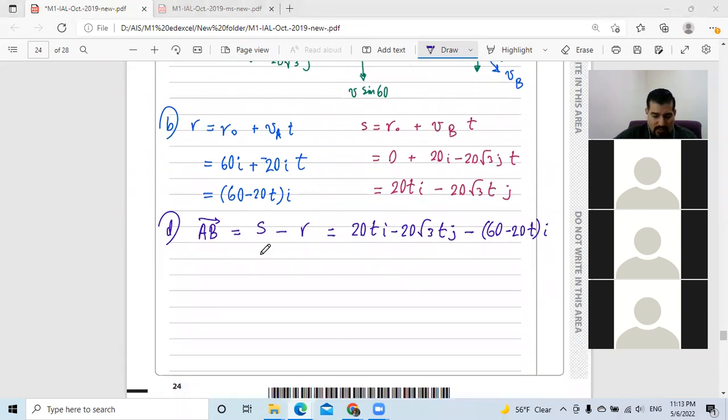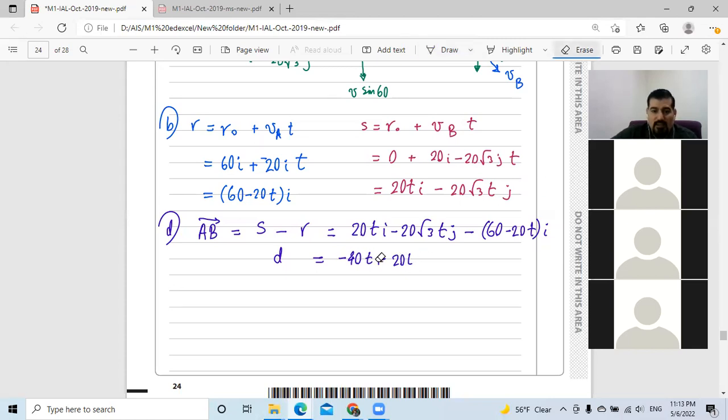Then I'll rearrange this, and it's supposed to be 60, the distance between A and B. So 20t minus 60, so it will be minus 40t... no, I'm sorry.